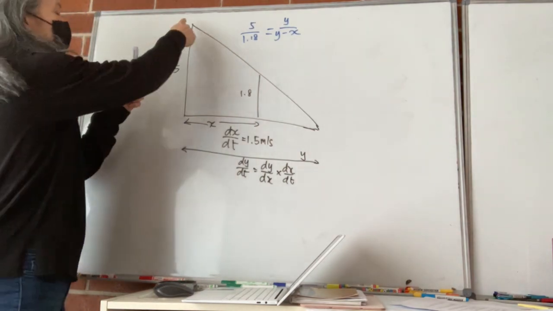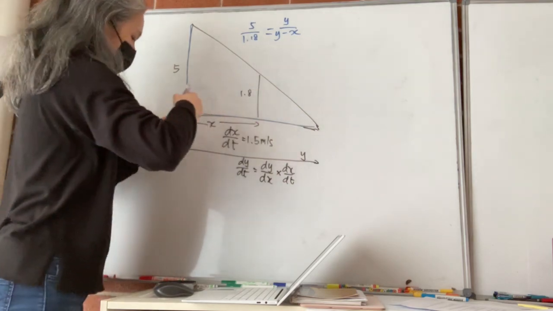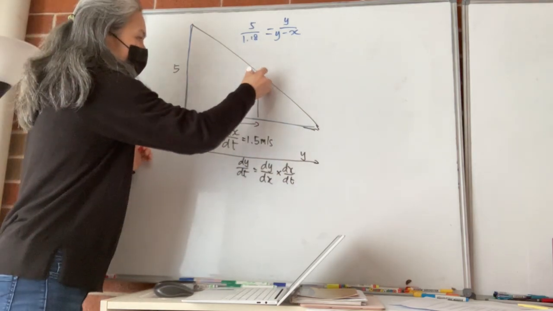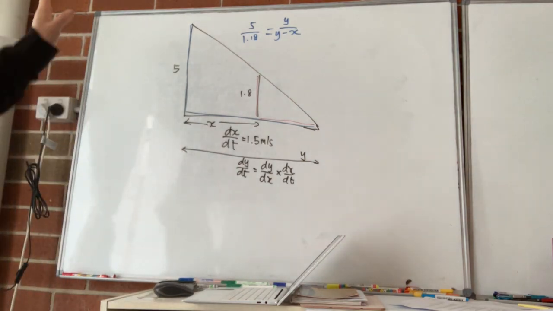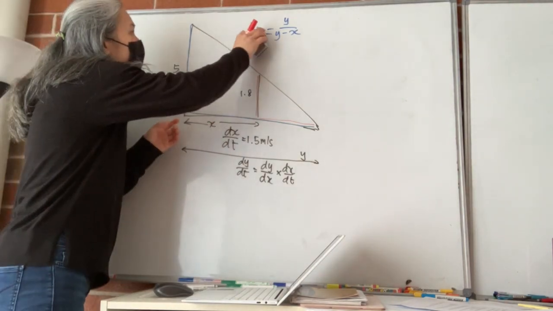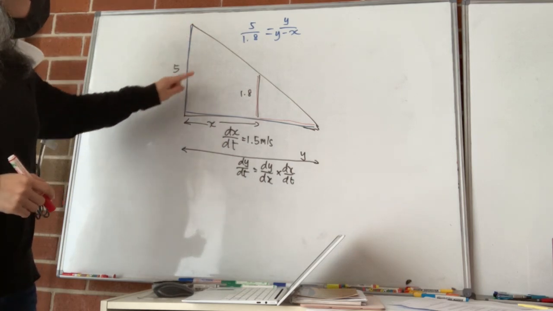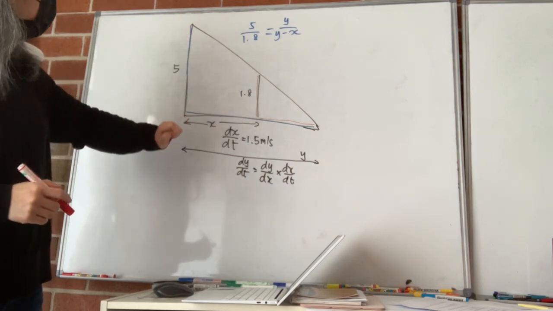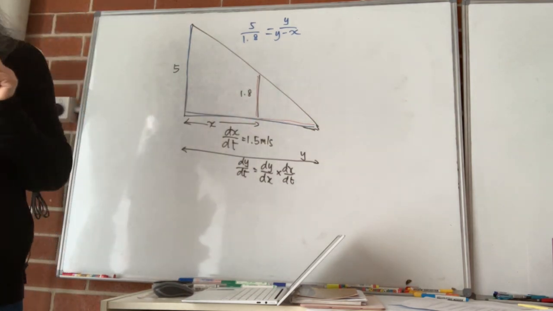Big over small equals this one over that one. Either way, you can write it.